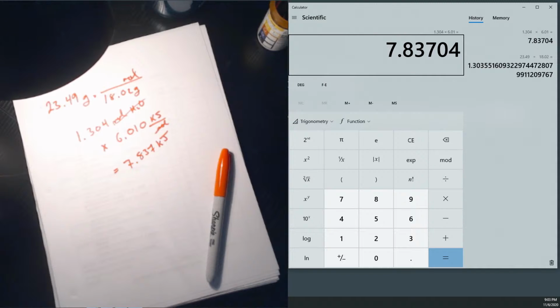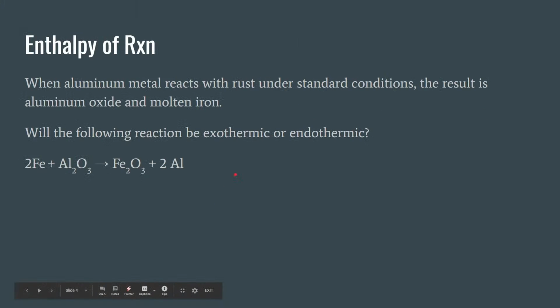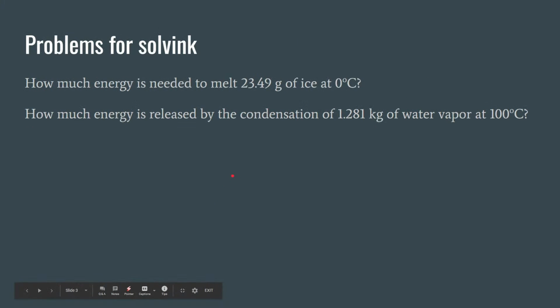So our other problem was how much energy is released by the condensation of 1.281 kilograms of water vapor at 100 degrees Celsius. Well, 1.281 kilograms is 1,281 grams. We divide by the molar mass of water. It's still water, regardless of what state it's in.